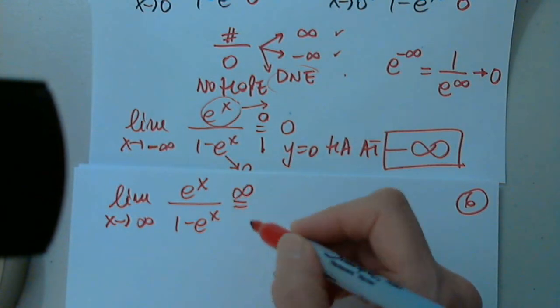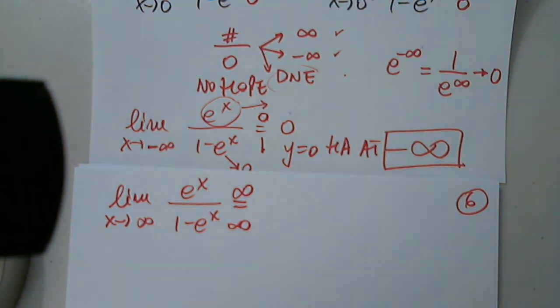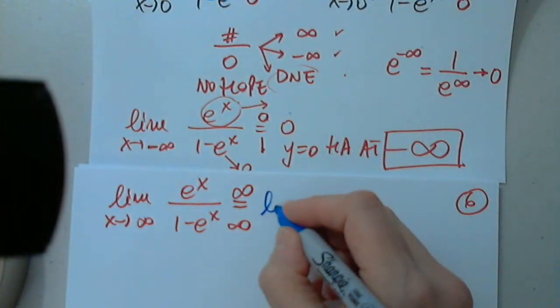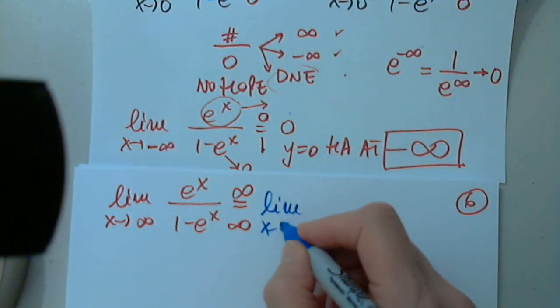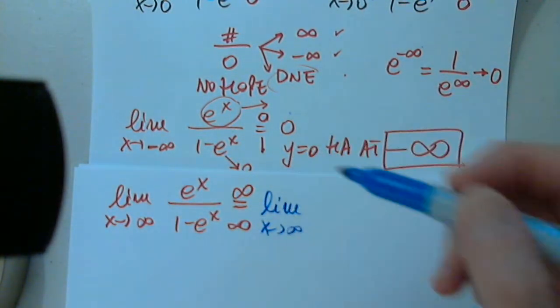Infinity? Excellent. Where is the denominator going? Would it be negative infinity? Yep, it doesn't matter. What do we do in infinity over infinity? Is that L'Hopital? Excellent. Because functions are differentiable, we have a limit, we have a ratio, and so on.